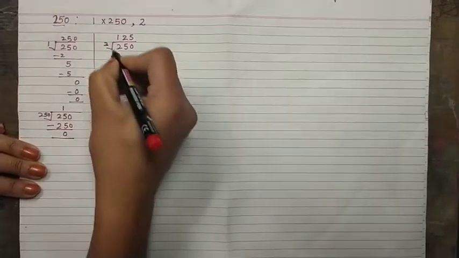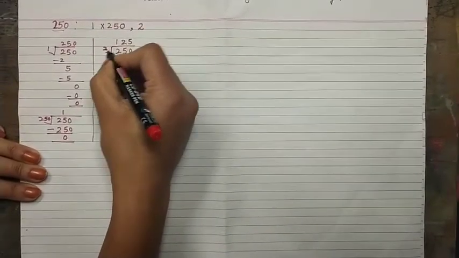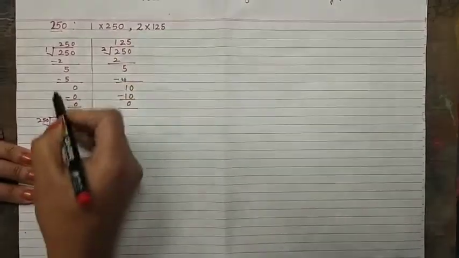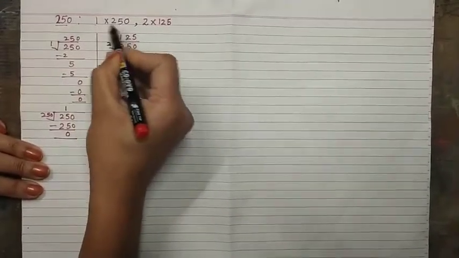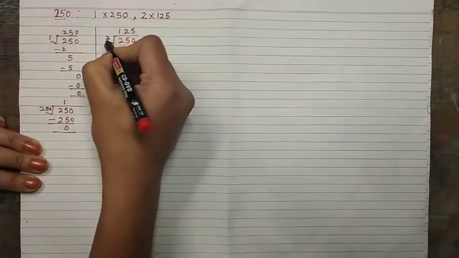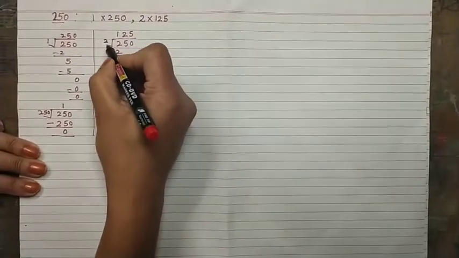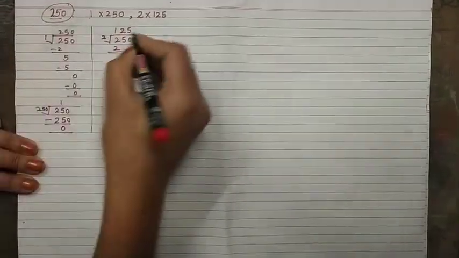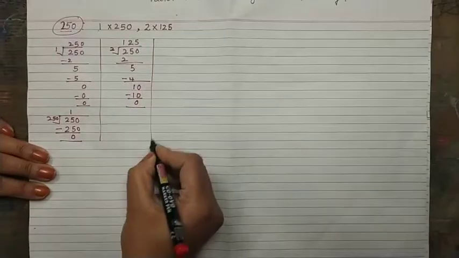Okay, now 125 is also a factor of 250. We have seen it over here. अगर हमने ये दोनों नंबर पेयर में लिखे हैं, that means 1 is also a factor and 250 is also a factor. So similarly, if we divide 250 with 2, the 2 and 125 both are the factors of the given number 250.